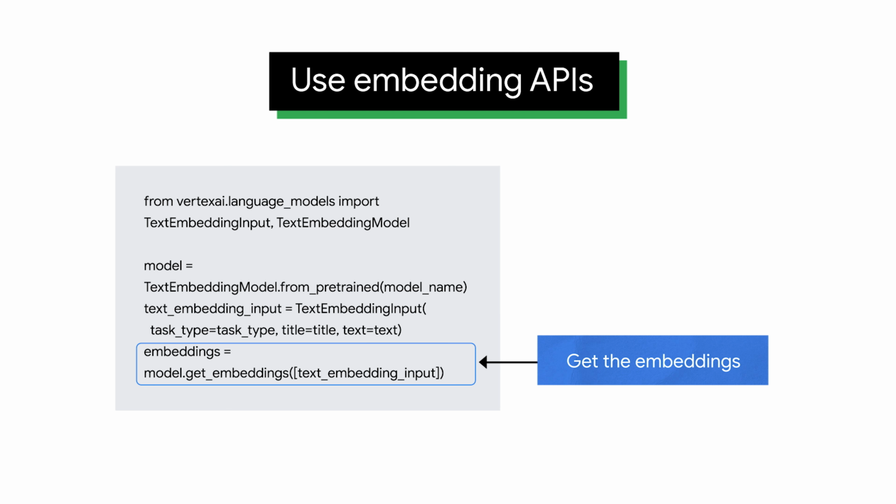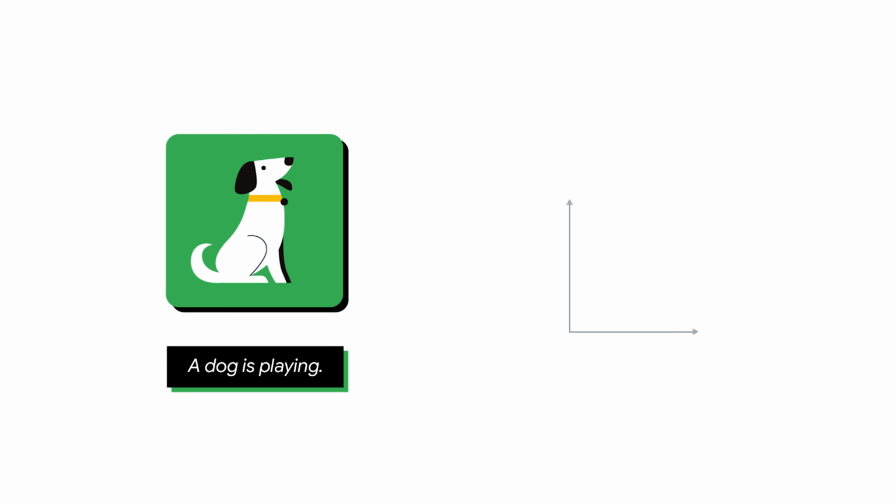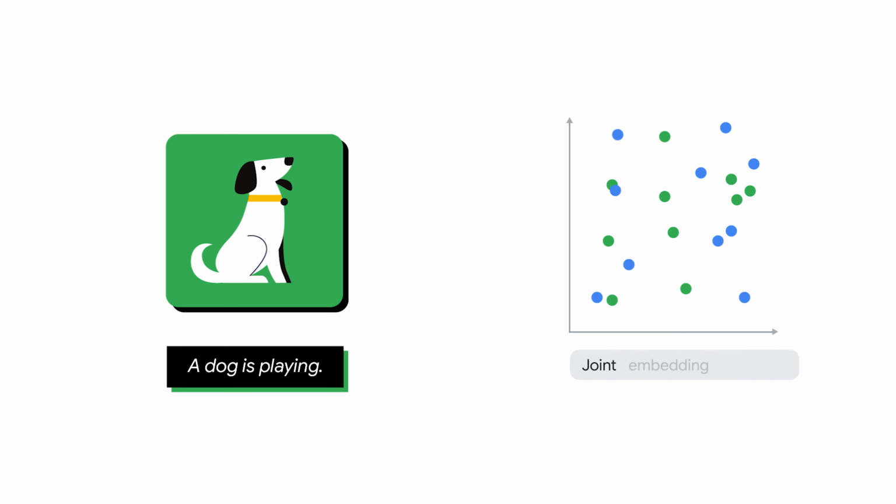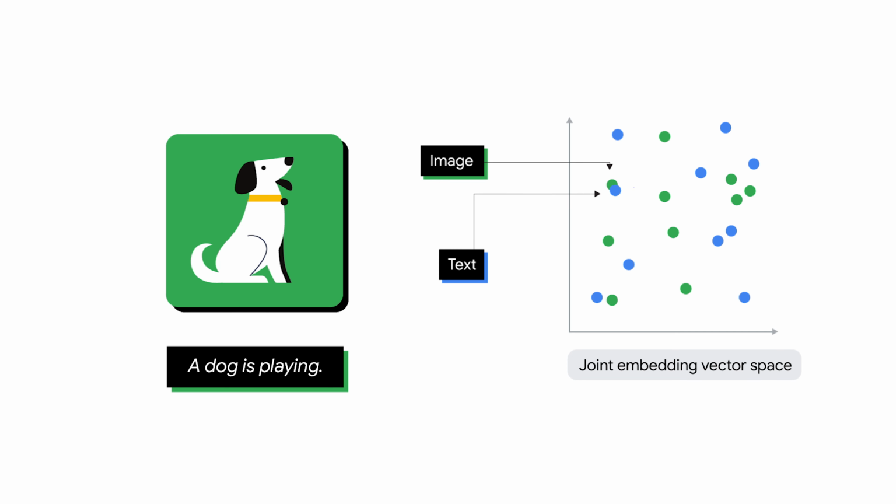You can find more coding examples in the following demo and the hands-on lab. You have examined text embeddings. You can also use the same approach to convert other media, such as images, to embeddings. This way, you can find that the text dog and the image of a dog are located near each other in the same vector space.